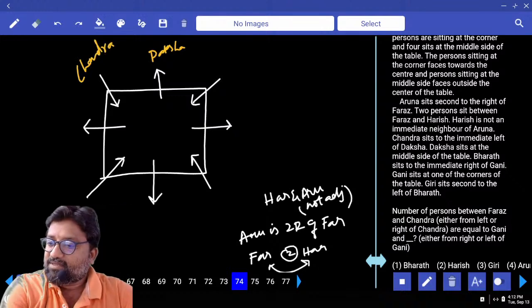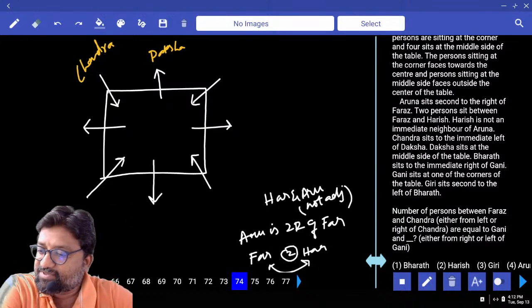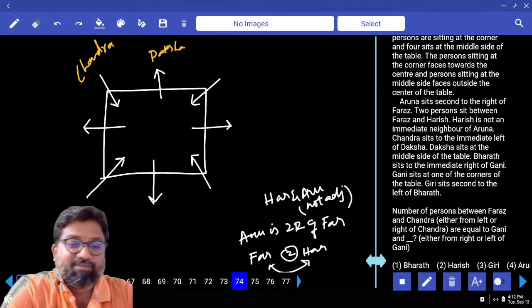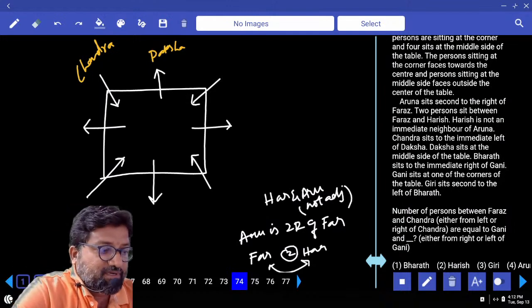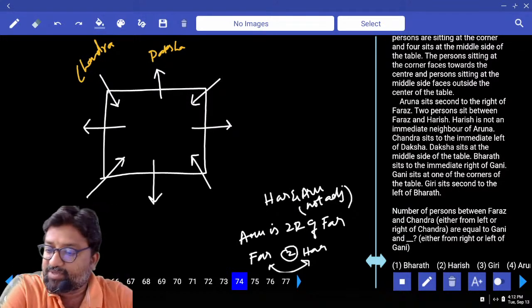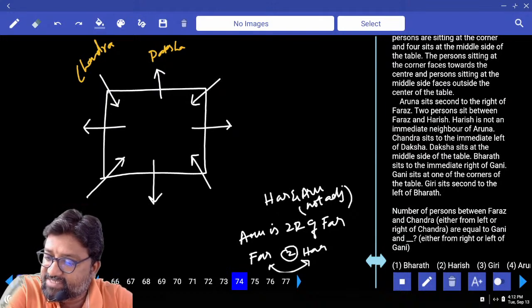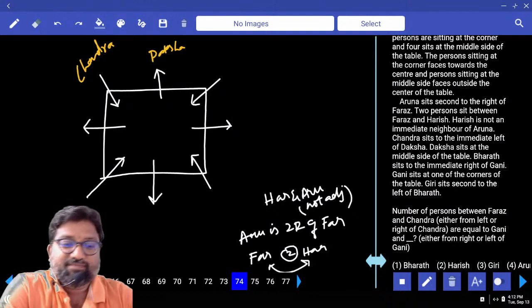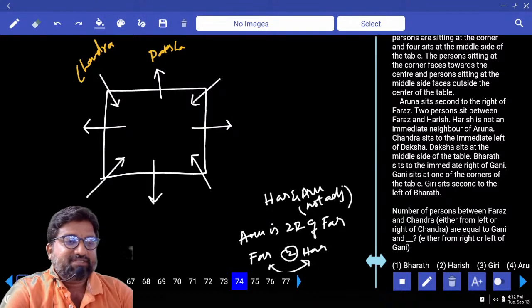Middle of the side, Bharat, of any, sits at one of the corners if possible. Any sits at one of the corners. Giri sits of.